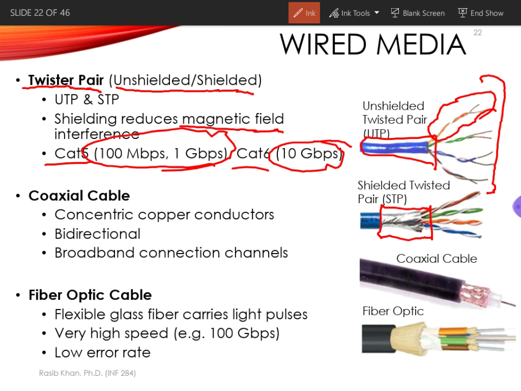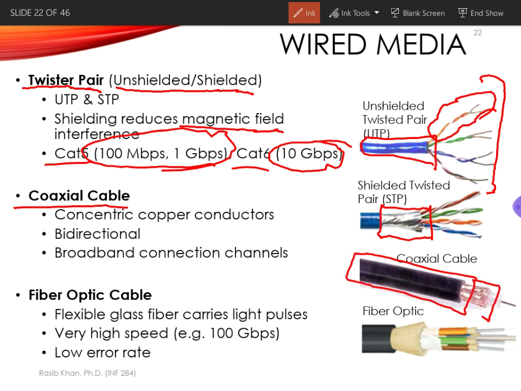The next kind of wired media would be coaxial cable. This is probably the cable that you will see at home, bringing in the cable TV connection as well as internet connections if you have one of these coax routers. And as you can see from the figure here, it comes as a bundle.